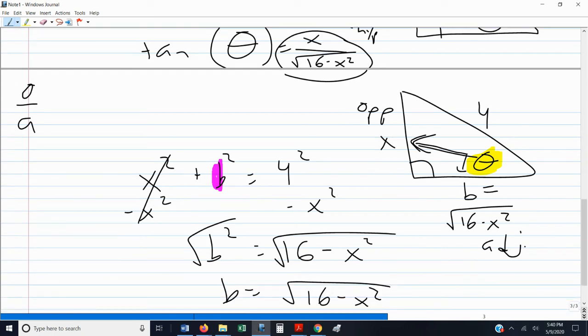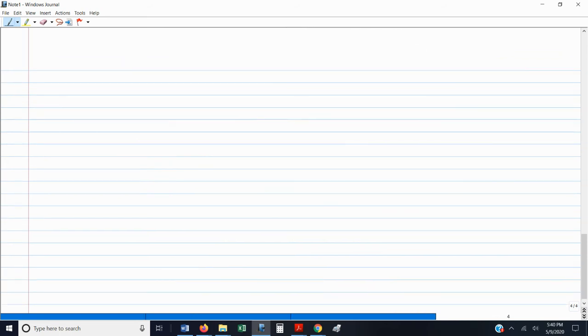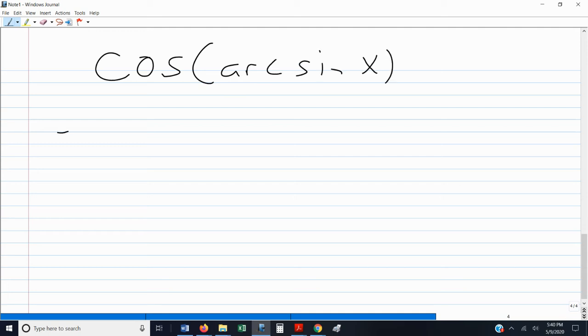Okay, I'm going to just show you one more. The last one is cosine of arc sine of x. Okay, and then I'm again going to rewrite arc sine as the same as inverse sine.